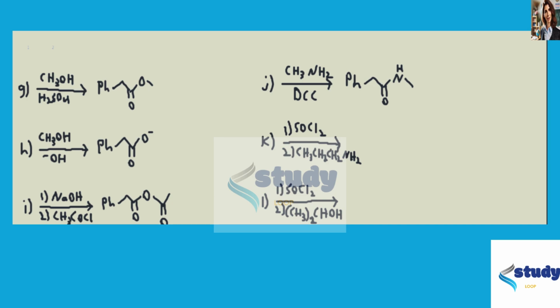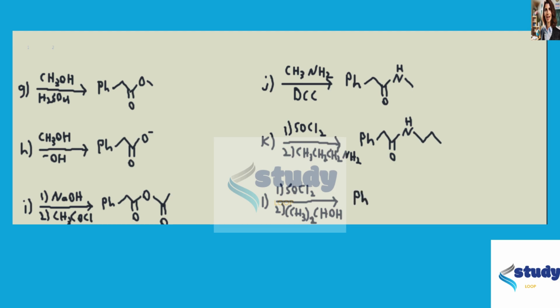Okay, for K, we're going to use thionyl chloride, and then we're going to use propylamine. And so the thionyl chloride is going to make the acid chloride, and then the propylamine is going to add to that. And so we end up with the amide.